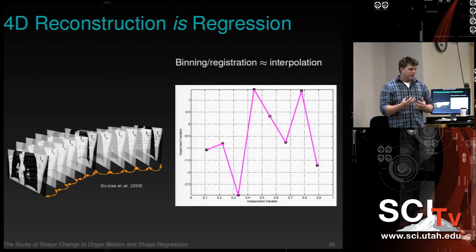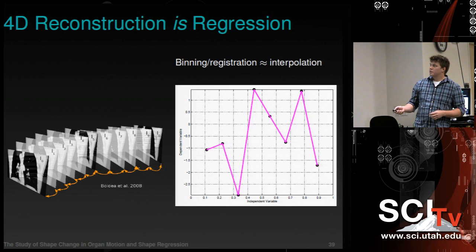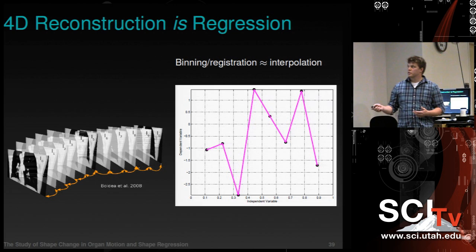Now, I've presented the two halves of the work so far, but now I want to just briefly mention that they're not so different after all. If you're given a set of data and you just interpolate linearly between the points, this is really analogous to taking a set of 3D images and pairwise registering them so that we could generate a warped image anywhere at intermediate values.